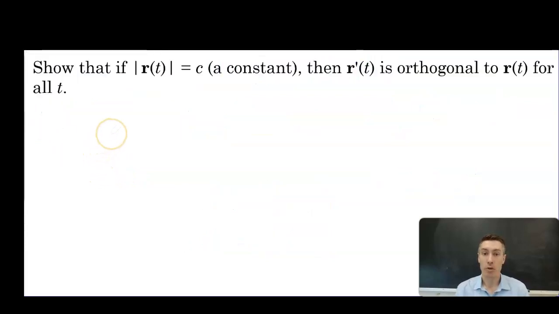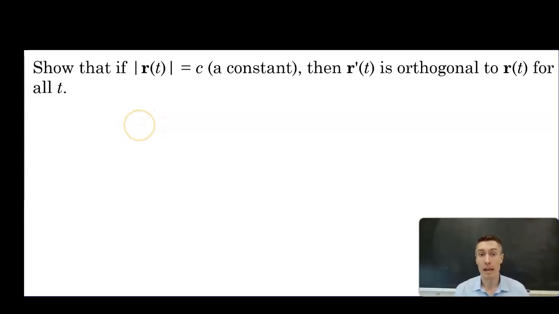So our last example for this video showed that if the magnitude of r of t equals c, which is some constant, pick a number, then r prime of t is orthogonal to r of t for all t. So essentially what this is saying is if we have a vector function whose magnitude is always a constant, regardless of what value of t you plug in, the length of that vector is always going to be the same.